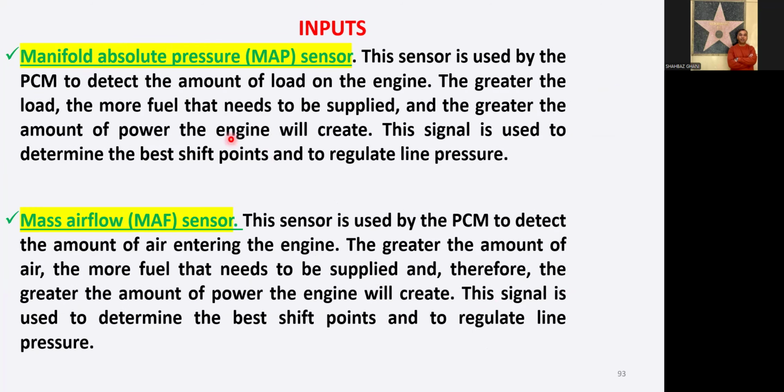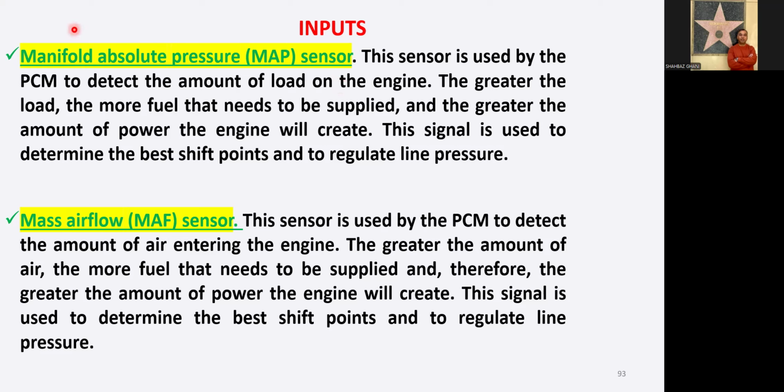Now the next sensor is the manifold absolute pressure sensor, the MAP sensor. These are a little bit similar to what we studied in our engine course, in which we have the input sensors for the power control module.